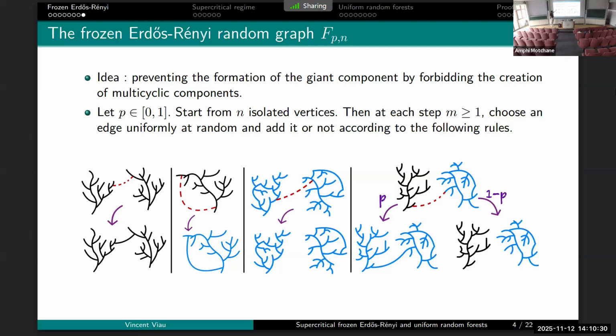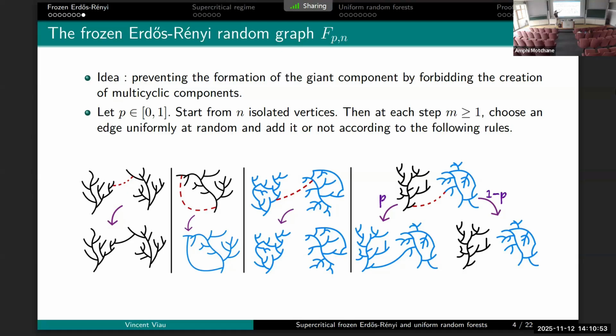So if the edge tries to connect two trees, we simply add the edge to the graph. But if this addition creates a cycle in the component, so this produces a unicyclic component with one cycle, we decide that this component is frozen, and we are going to slow down the evolution of this frozen component.